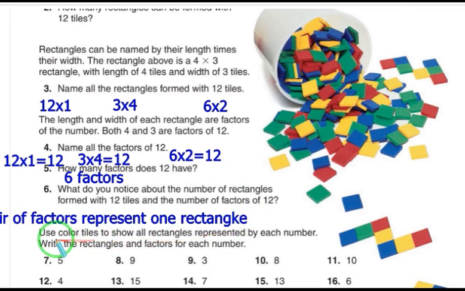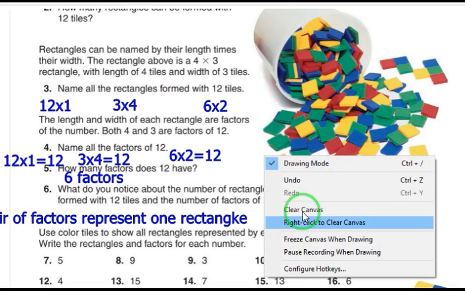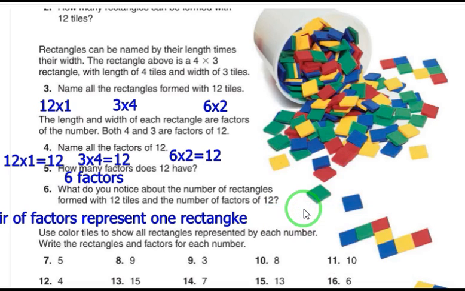So for the last one here, use color tiles to show all rectangles represented by each number. Write the rectangle and the factors for each number. Let's clear our board and move to these questions.